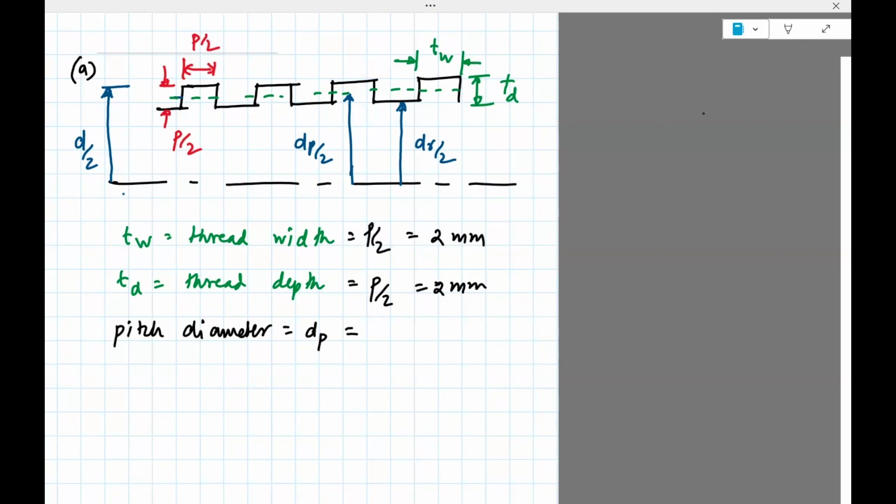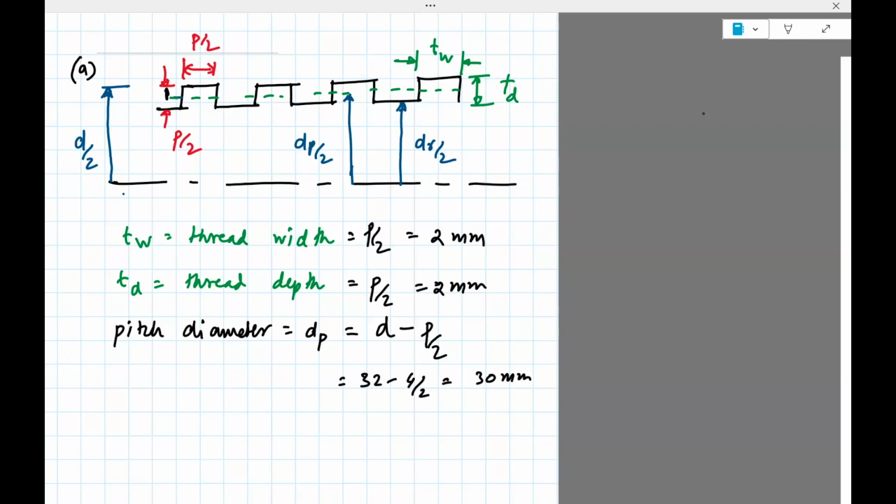So dp is going to be capital D minus P divided by 2. So there's P divided by 4 here, and then P divided by 4 down there. So it's P divided by 2 when you sum them up. So this comes out to be 32 minus 4 divided by 2, which is 30 millimeters.